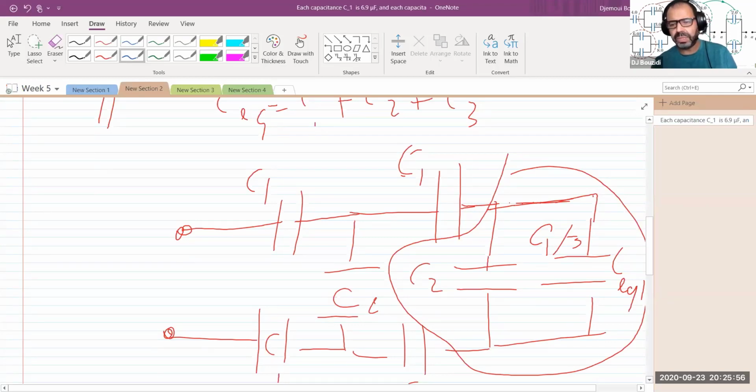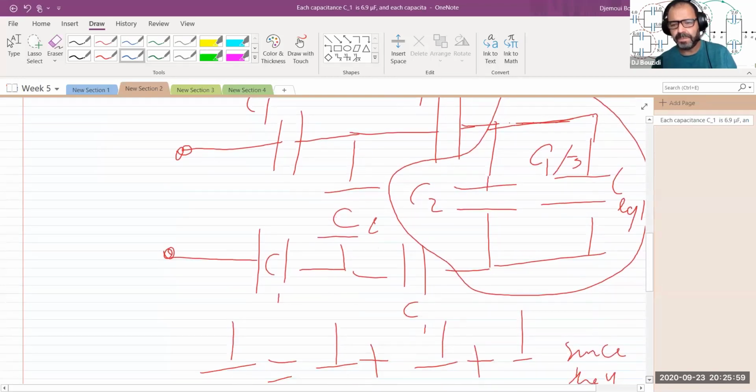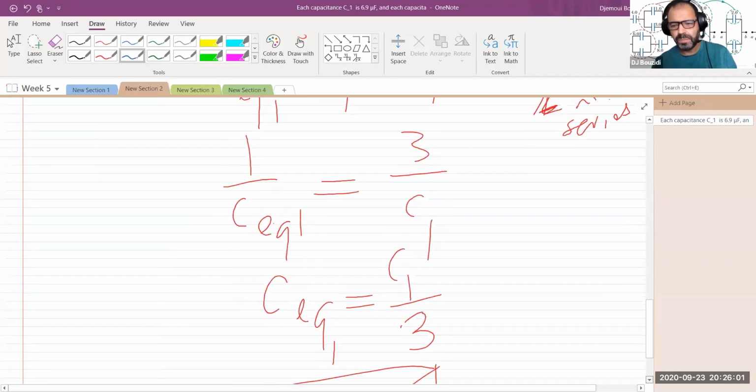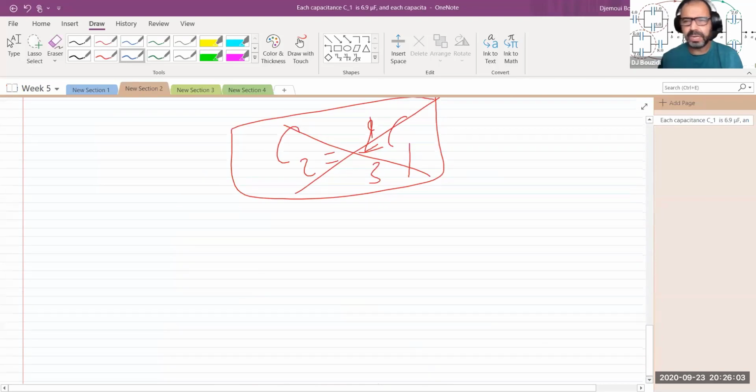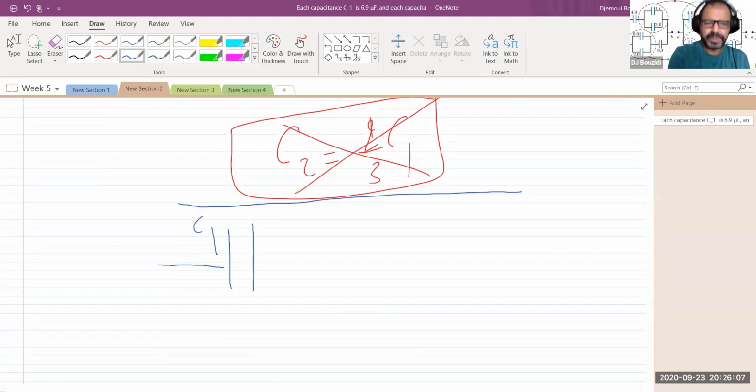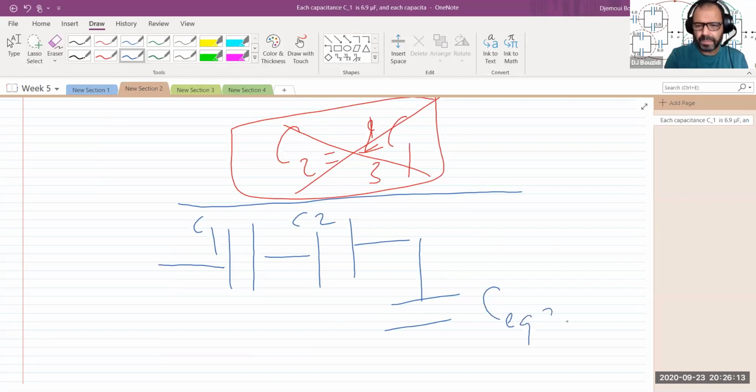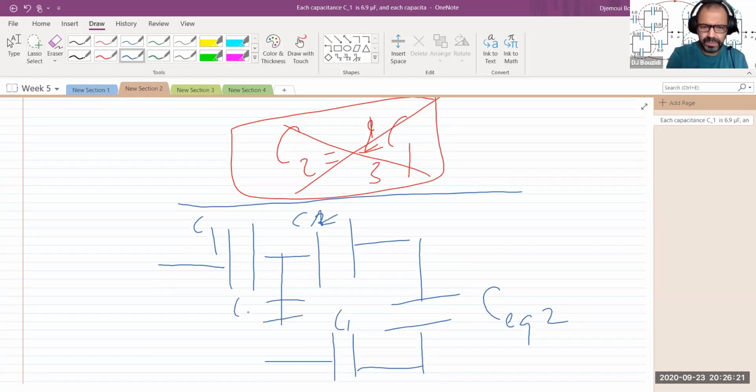So now we reduce the circuit further. I know I'm taking it step by step, but I really want you to see it at least once. So I have a C1, a C1, and a C equivalent 2, and I still have C1, C1, and a C2 now, and a C1.